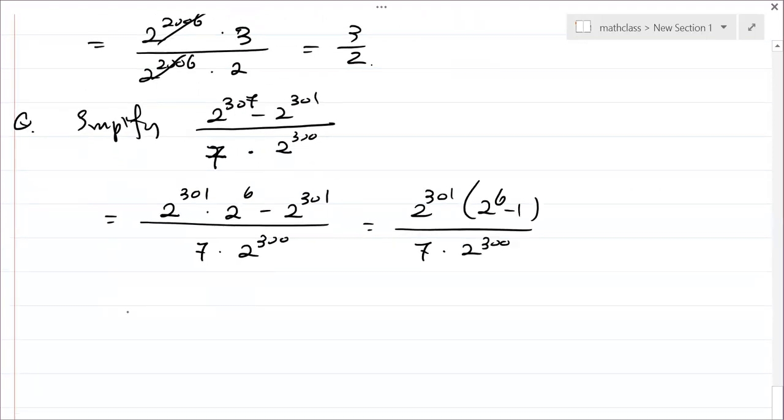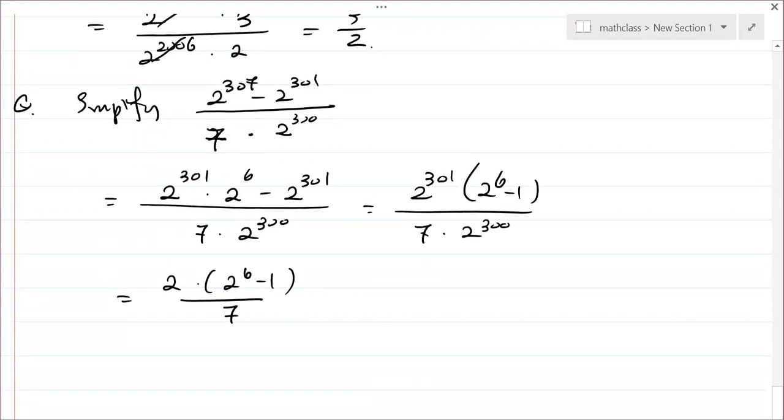So 2 to the 300, and then divide by 2 to the 300, and 2 to the 301 divided by 2 to the 300 is going to be just 2. Now the question: how do you simplify it quickly?